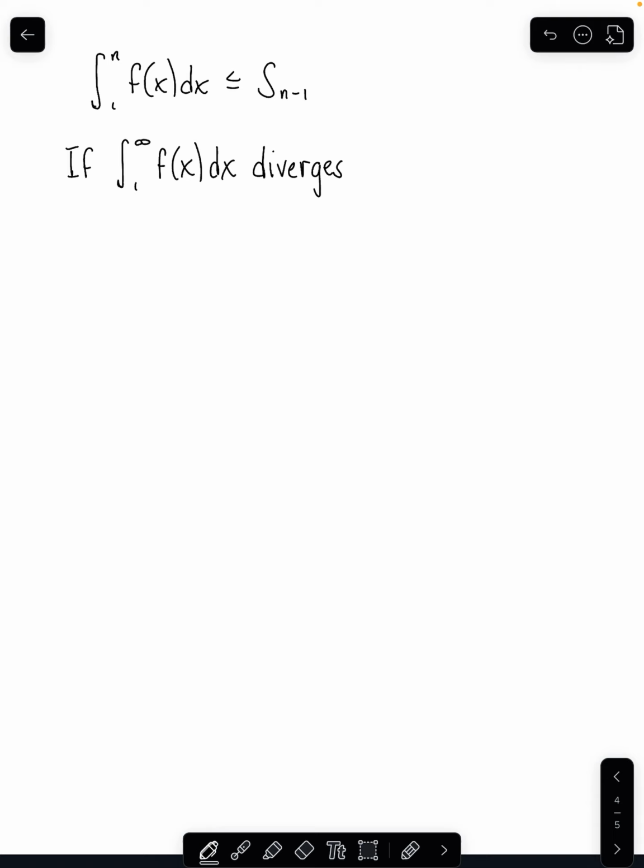What that means then is literally that as n approaches infinity, the integral from 1 to n of f of x dx also approaches infinity.